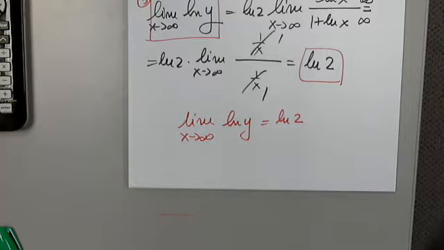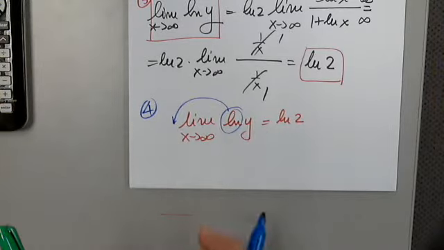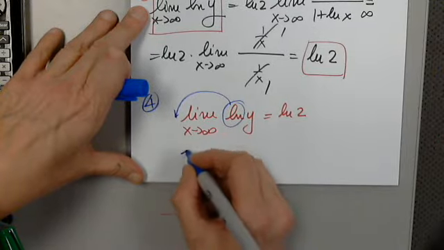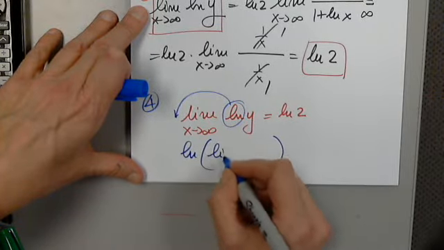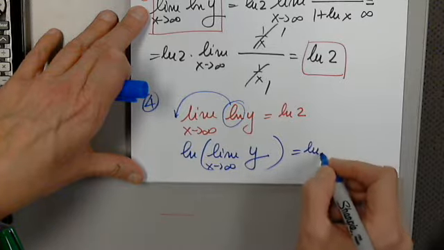And then what do I need to do? In step 4, swap the operators. Remember, under certain conditions, and those conditions must be continuity. So natural log of the limit of our function when x approaches infinity equals natural log 2.